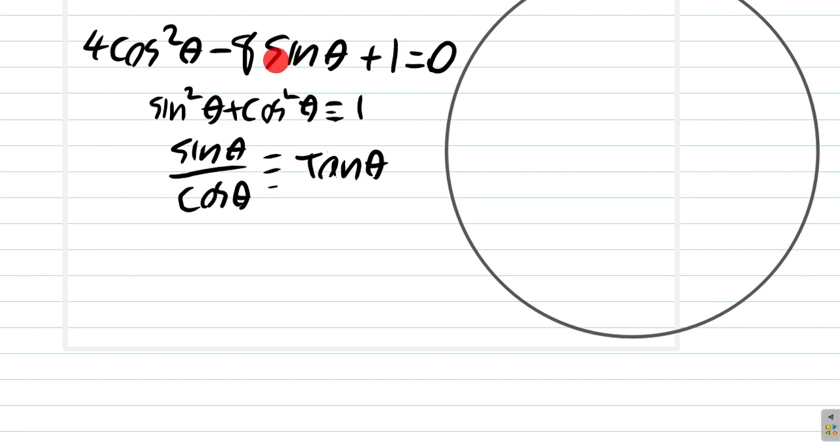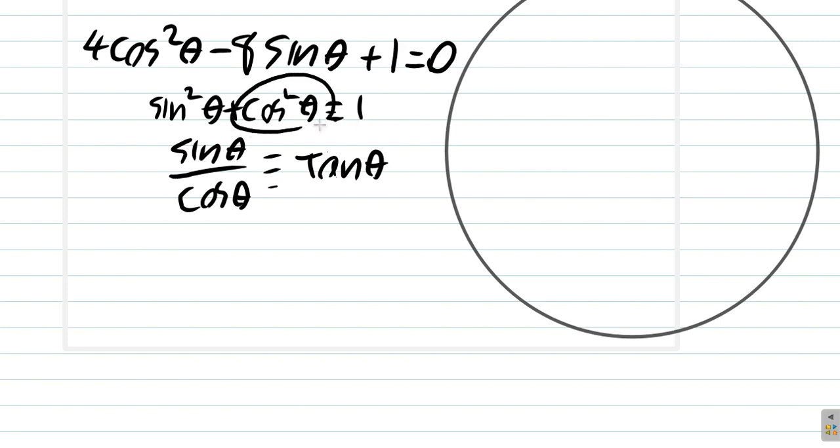What you need to do is to have the same unknown throughout. Make both of them sine theta or both of them cos theta. It might be more convenient to rewrite the cos squared as sine.